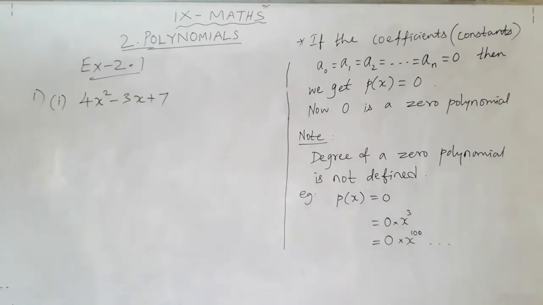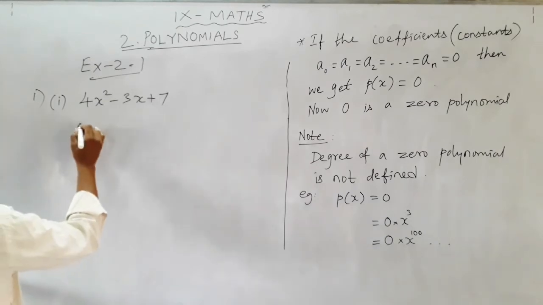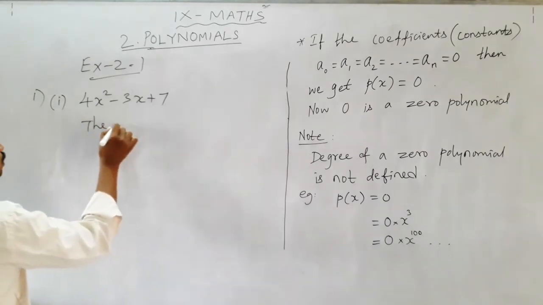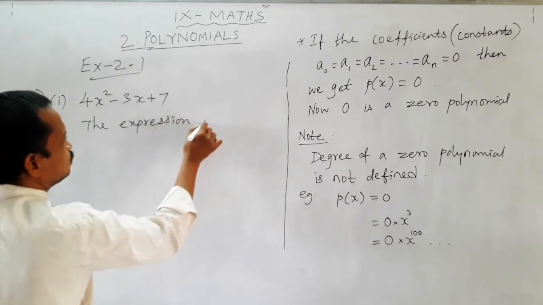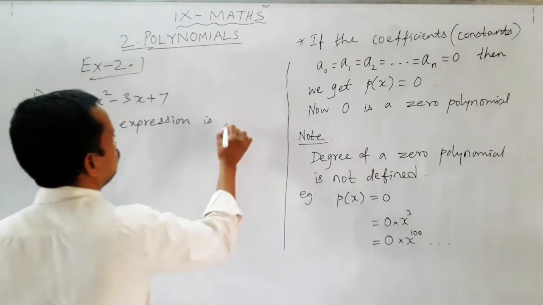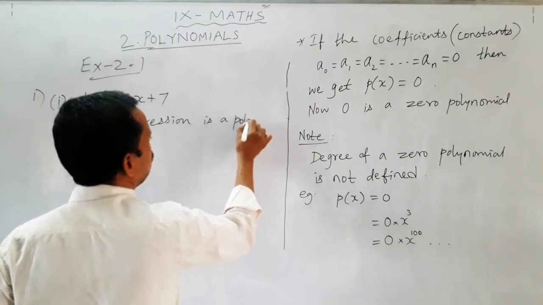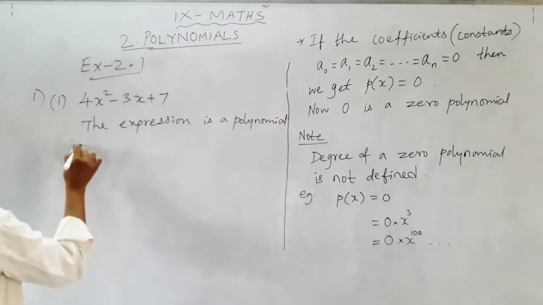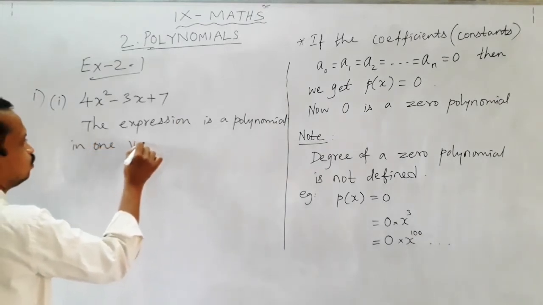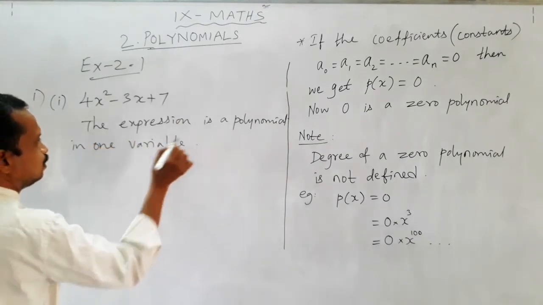So it is a polynomial in one variable. The expression is a polynomial in one variable. That variable is x. x alone is there.